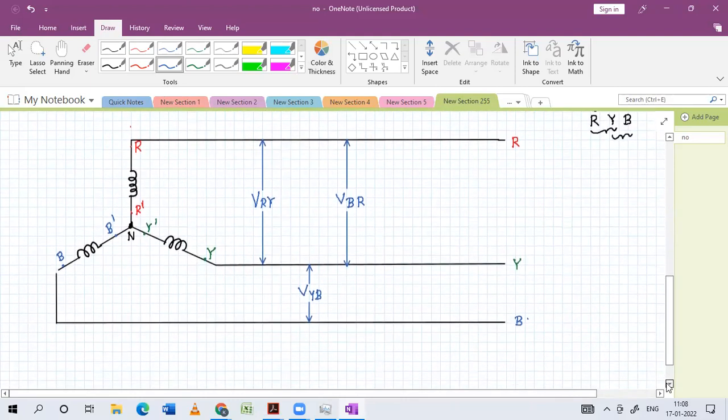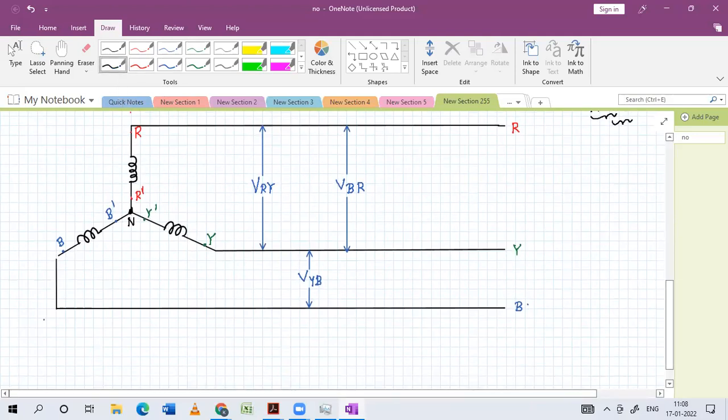Now here we are assuming that our system is balanced.